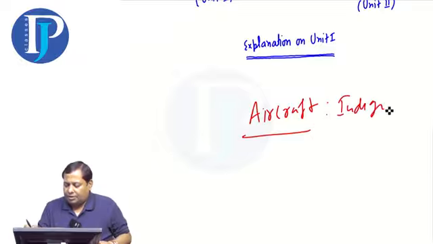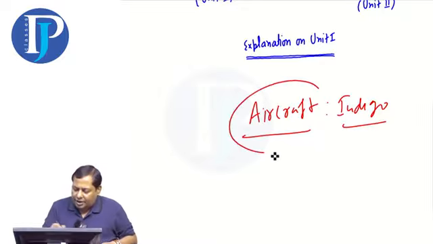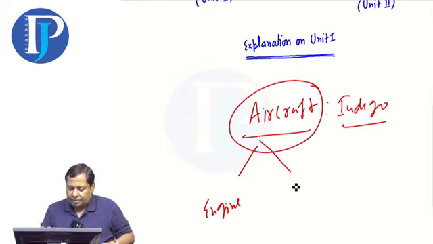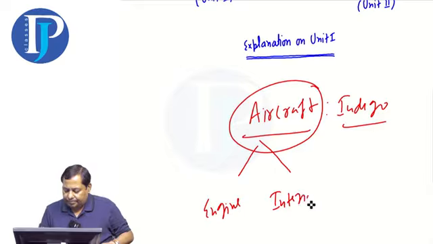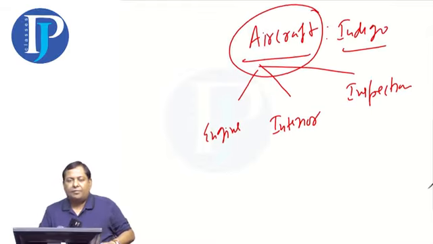Indigo company has thousands of aircrafts. So inside this aircraft, the most important part of this is the engine. The second part of this is the interior. And the third part of this is its inspection. In any of the aircraft, these are the three important parts.